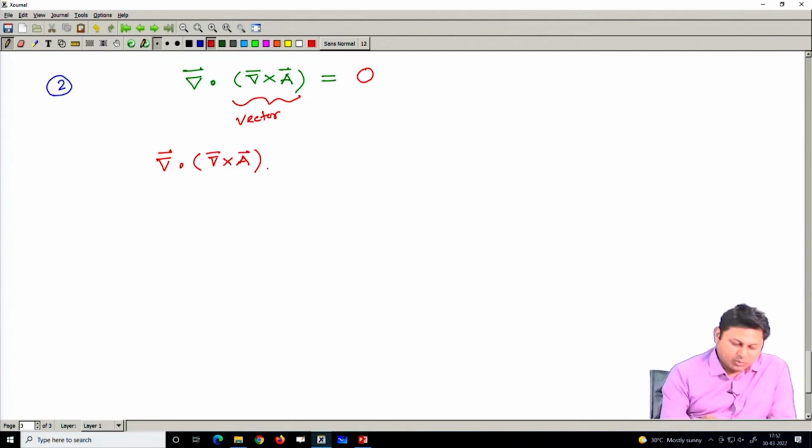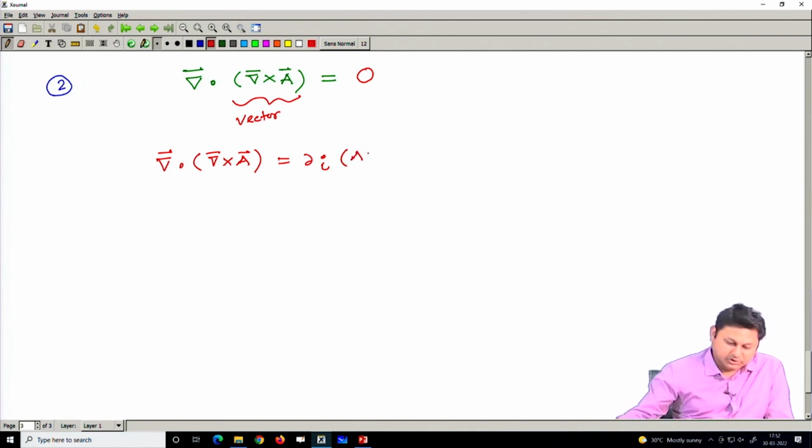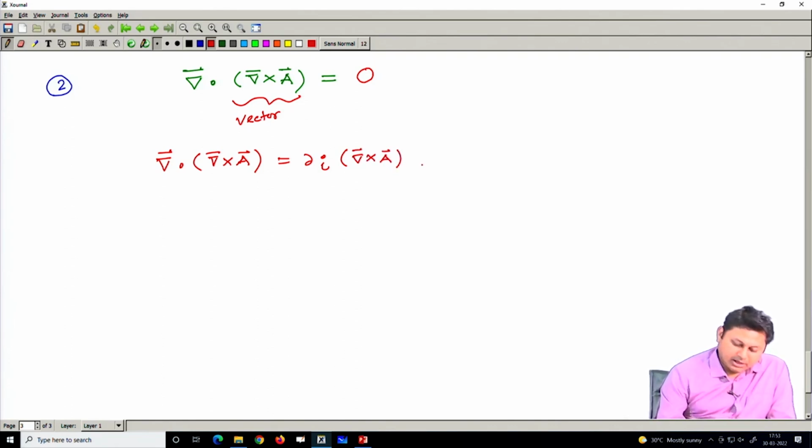So, this quantity, if I write, is del i of the ith component of curl of A, because this is a divergence operator, in both cases it should be i.